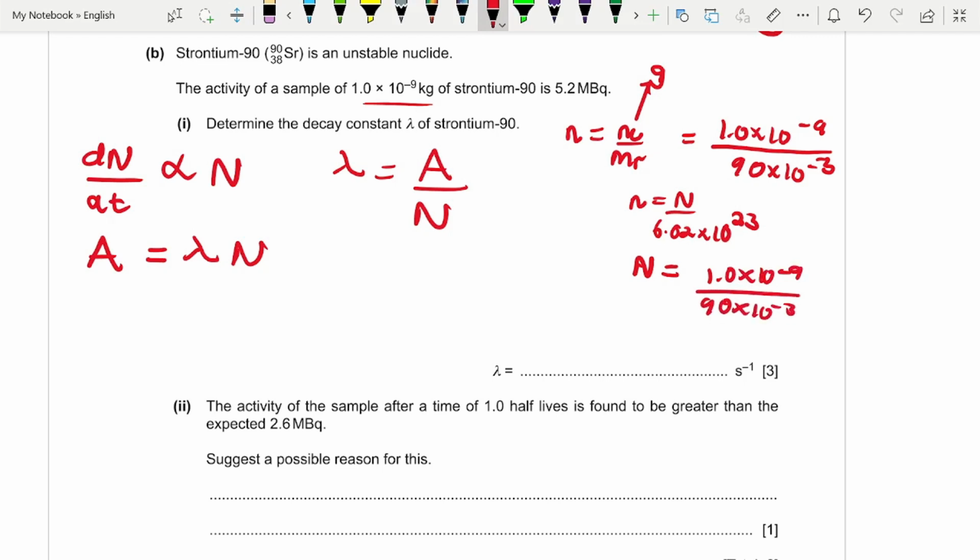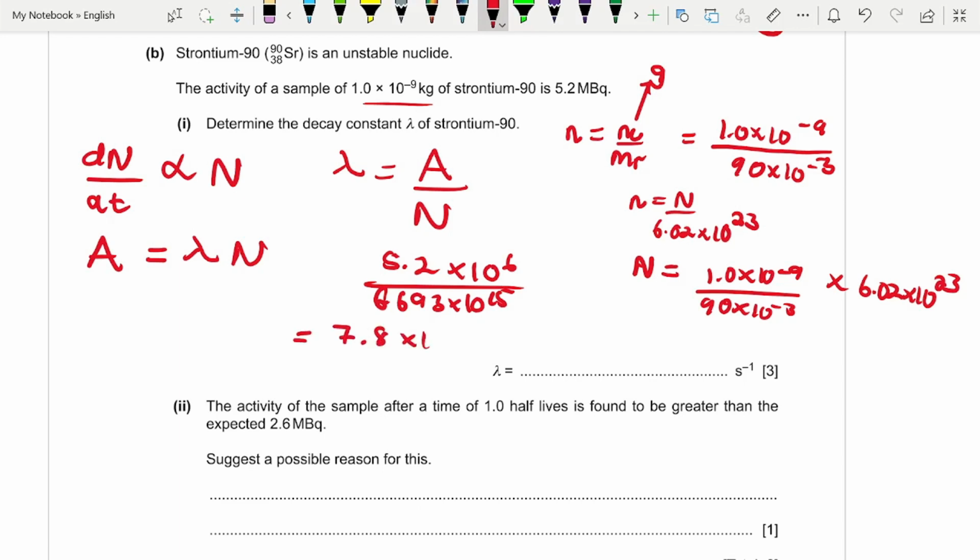And remember, it's 90 times 10 to the power of -3, not just 90, because it's grams per mole, multiplied by 6.02 times 10 to the power of 23. That's going to give you a value of n, which is 6.693 times 10 to the power of 15.